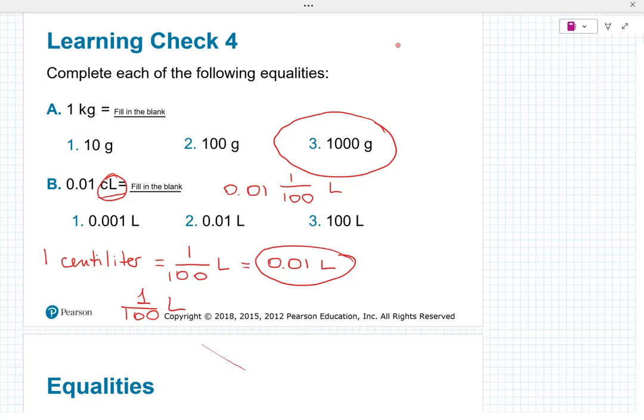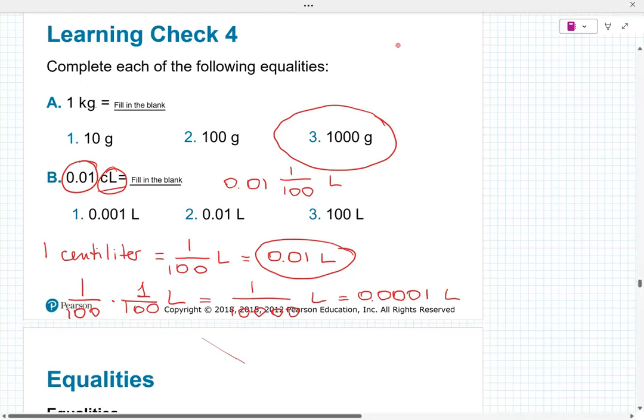Yes. This, do you agree that it is that number? Yes. So if you do the multiplication effectively, you're going to have 1 divided by 10,000, which means the answer should be this. That's all. Okay? So far.